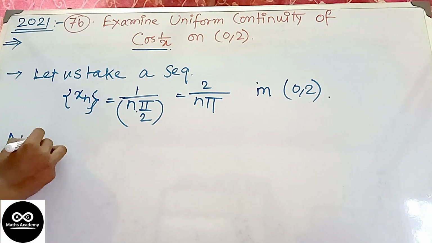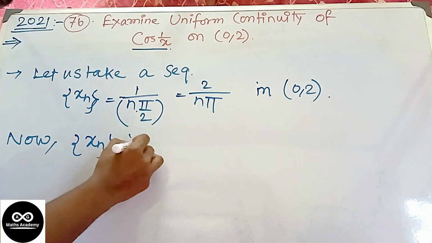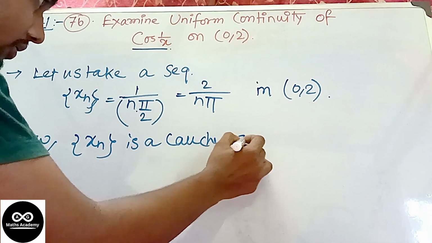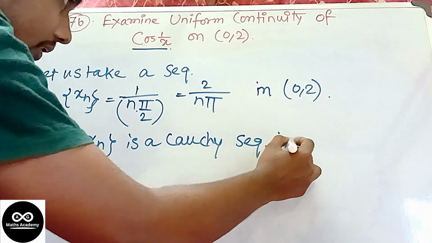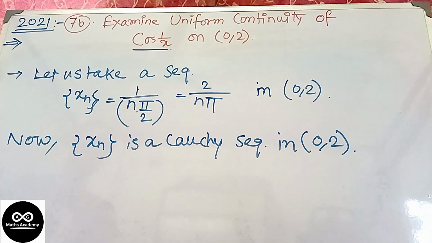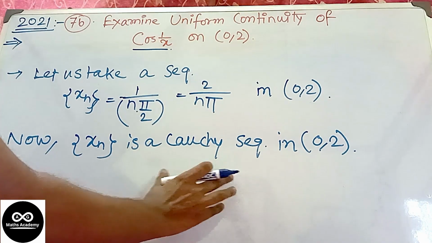Now xn is a Cauchy sequence in open 0, 2. Okay, so now we get xn is a Cauchy sequence in 0, 2.